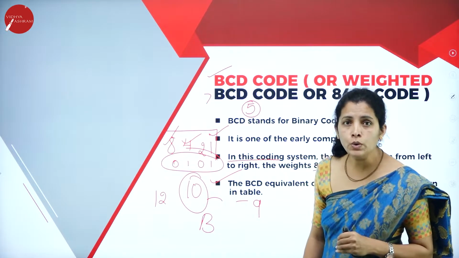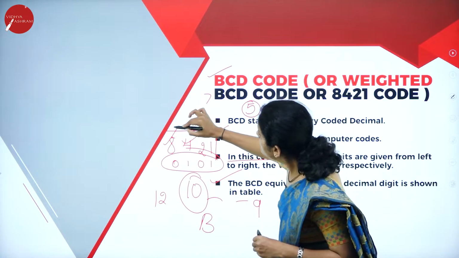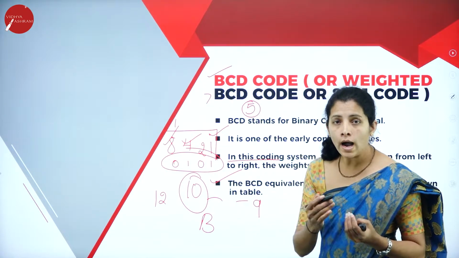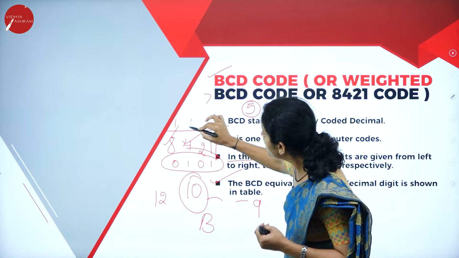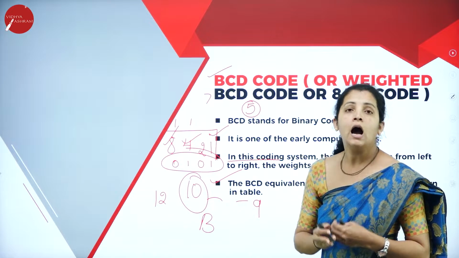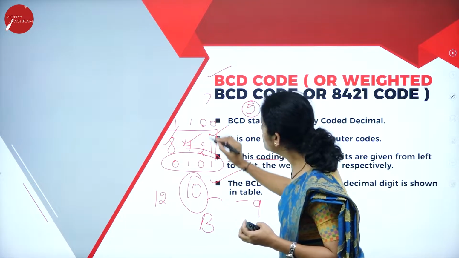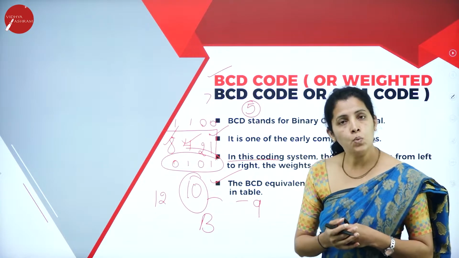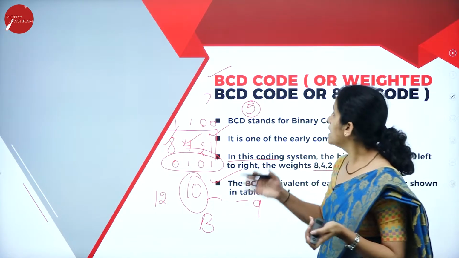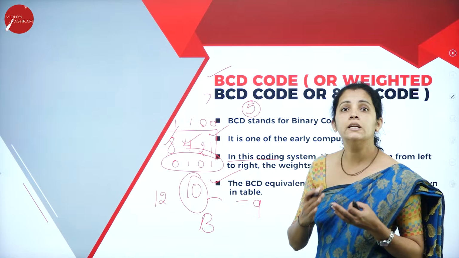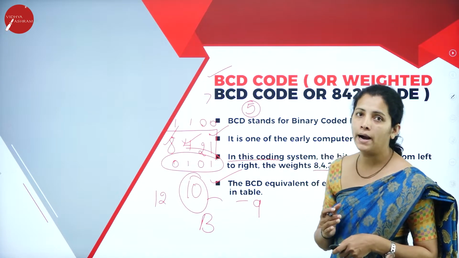So, what I will do here? I'm going to write 1 in front of 8, and I'm going to write 1 in front of 4. And I'm going to place 0 and 0 in place of 2 and 1. This is the way I can convert the decimal number into binary.